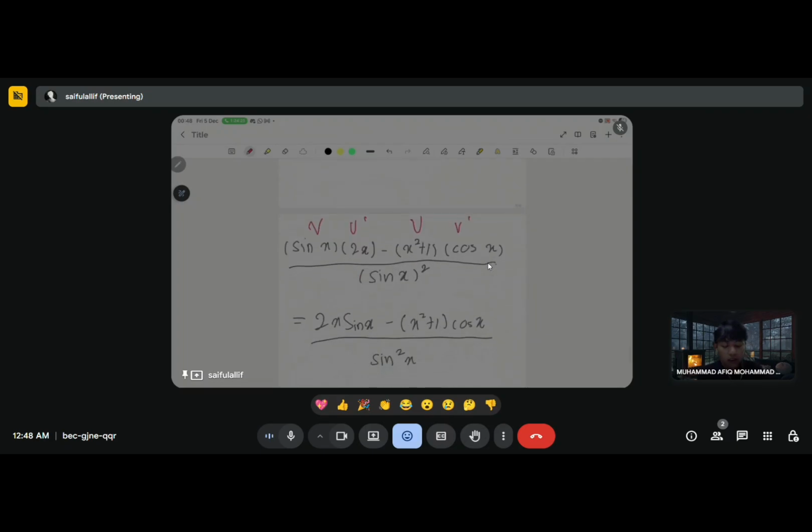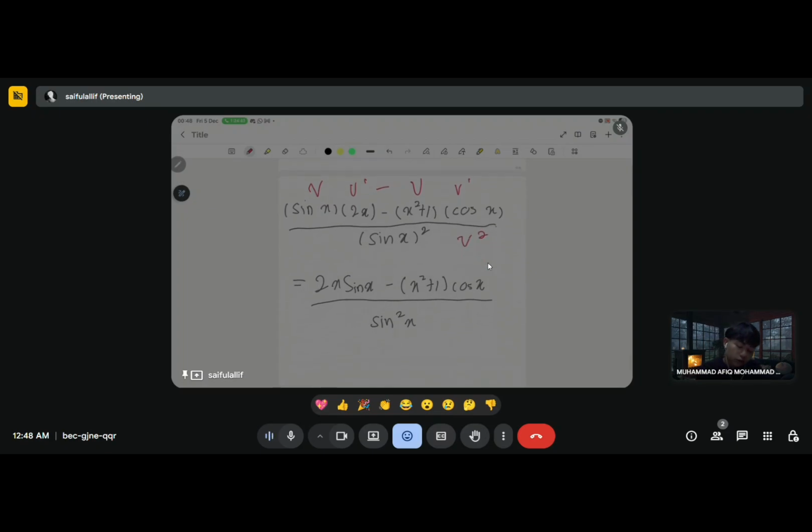It just changes from the product rule and it becomes minus here, and this is my v^2. After simplifying it, it will become like this. This is my final answer: (2x sin x minus (x^2 plus 1) cos x) over sin^2 x.